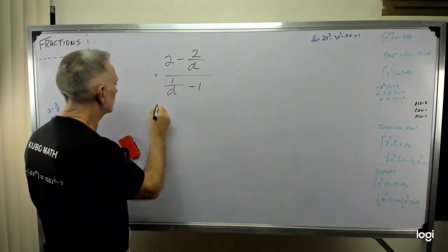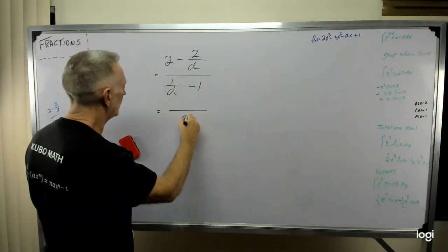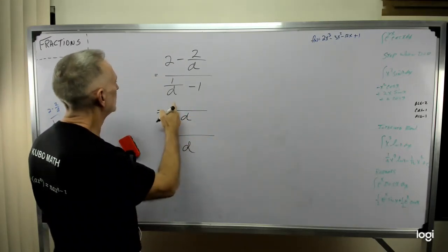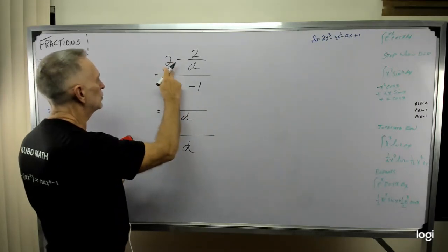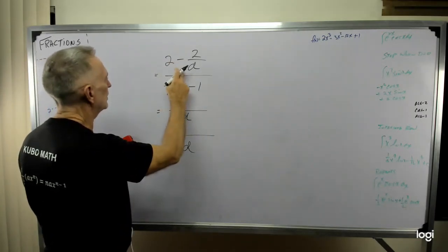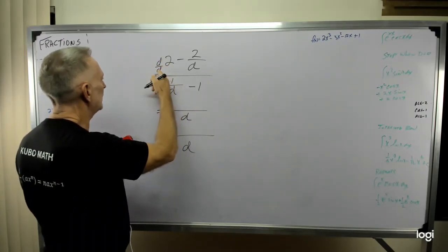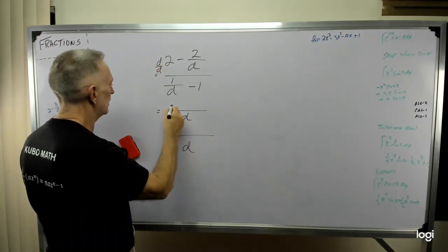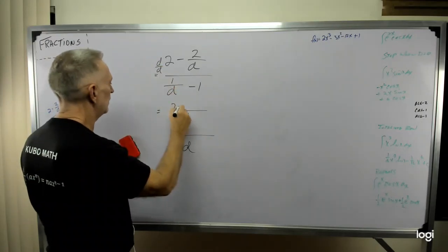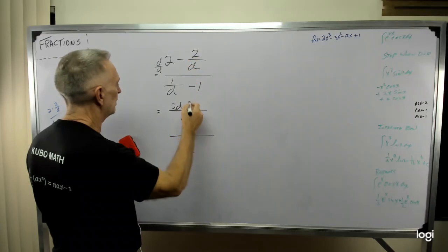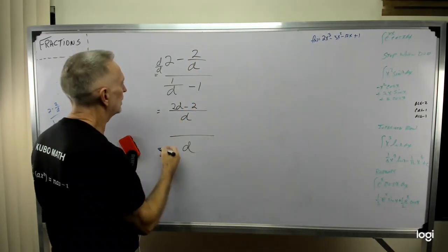So let's just get a D for the top and a D for the bottom. So 2 will go into D. Well, if I'm going to put this under D, I need to multiply it by D times D. So that gives me 2D over D. And I already have this minus 2 over D.